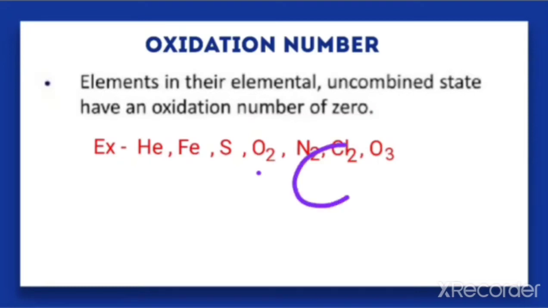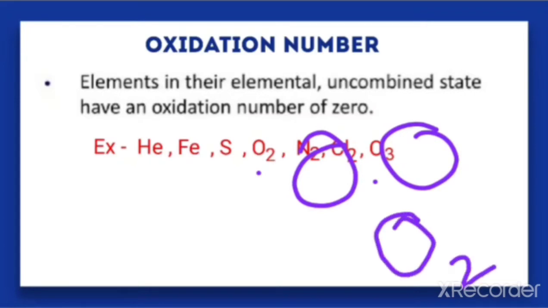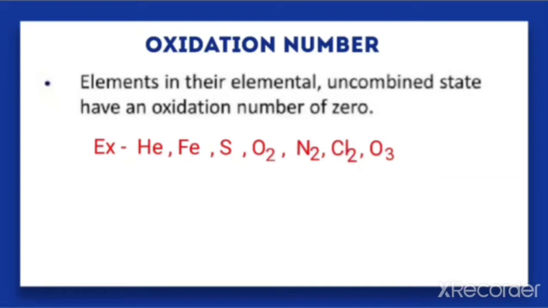Homo means two similar atoms are combining to form the oxygen molecule. Similarly, N2, here also the oxidation state for N is 0. For Cl2, the oxidation state of Cl is 0, and the oxidation state of O in O3 is also equal to 0.